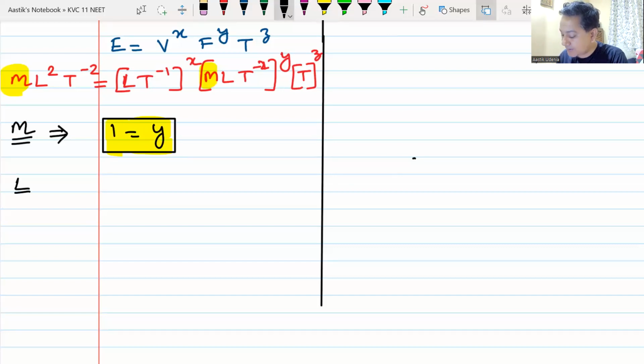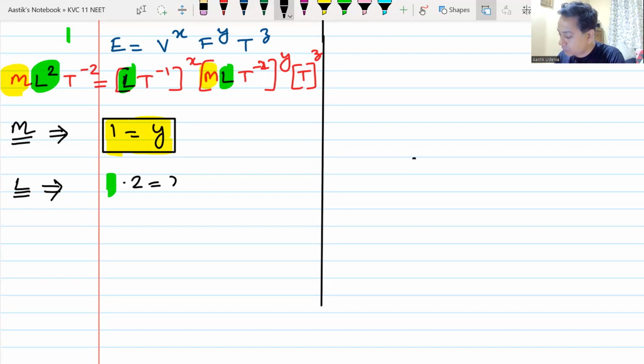Let us move on to the next one. My next gentleman is L. Looking at the dimensions of L, green ones, and you will get the dimensions of L. Equating the dimensions of L, 2 is on the left hand side.